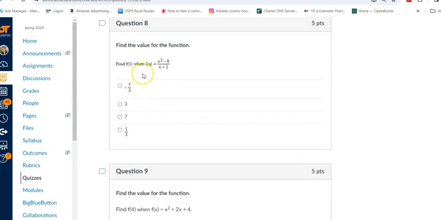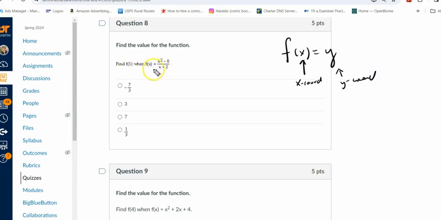All right, now, how do you find a value for a function? Well, f of x is equal to y. So f evaluated at your x coordinate is equal to your y coordinate.